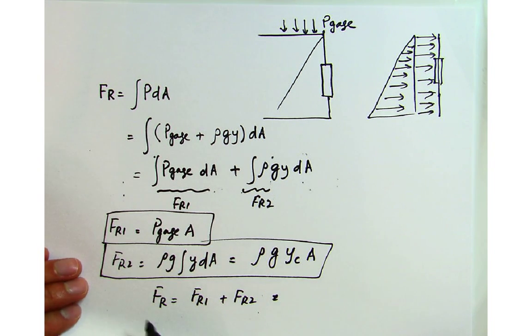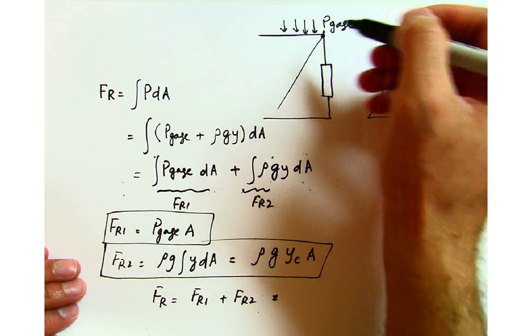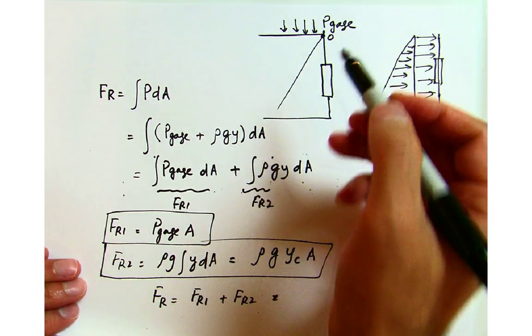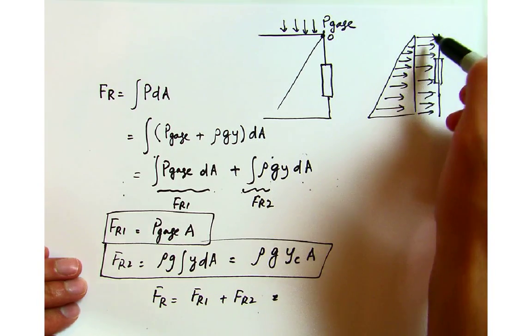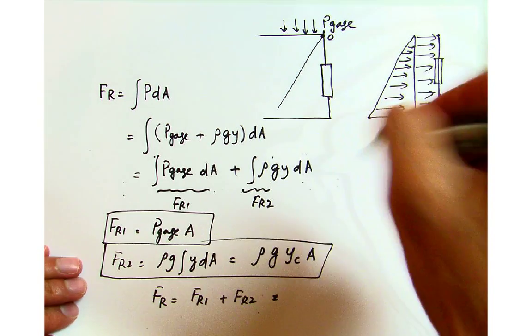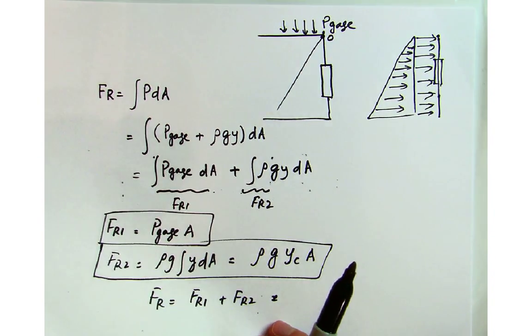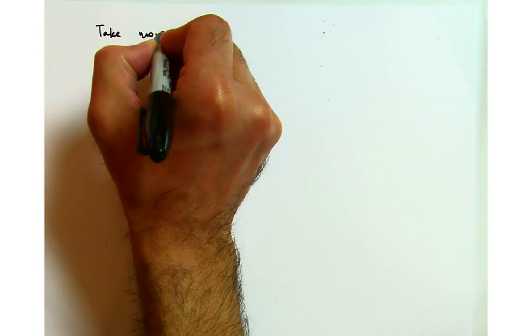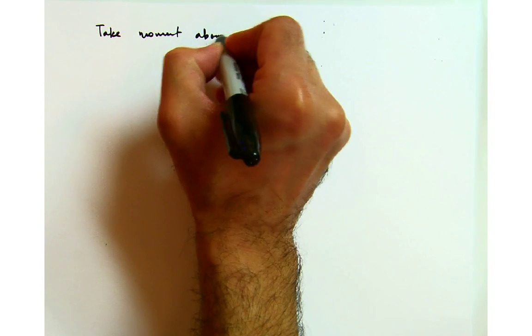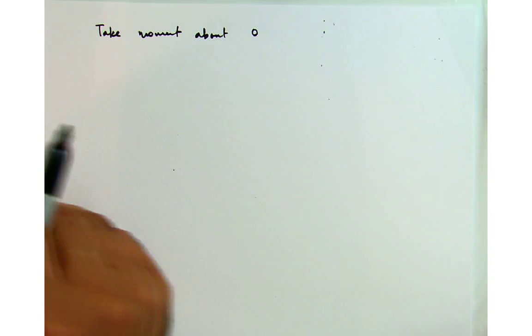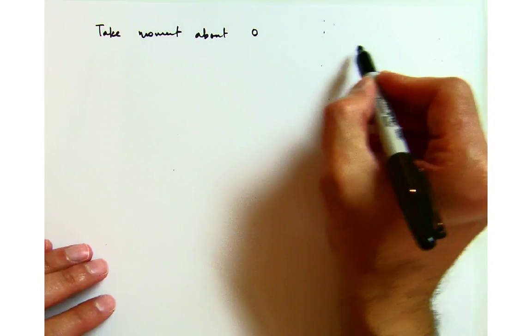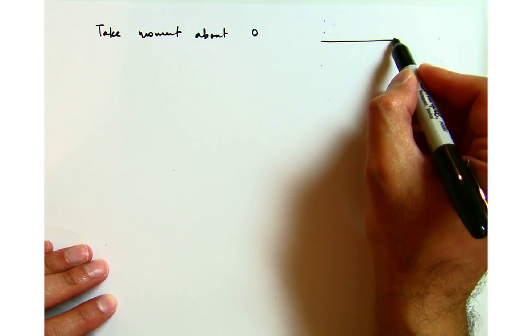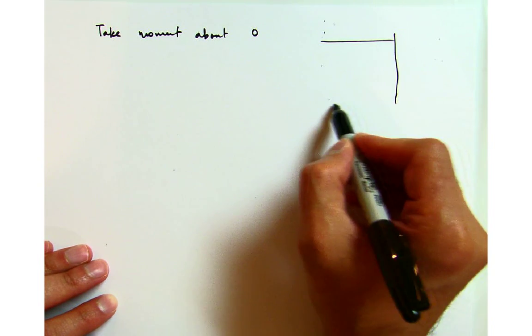Alright, so now we're going to look at where these forces are acting. So we will take the moment about point O. If I call this point O, I will look at the moment about point O. Let me also present it over here.